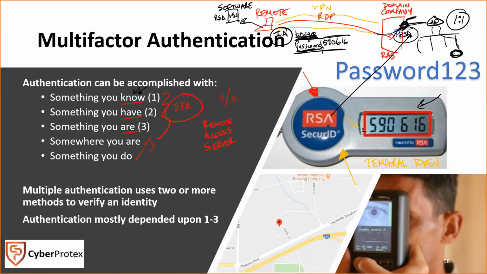The RSA Secure ID server actually generates these tokens, and every 60 seconds they'll get a pulse and they'll change. And these two are synchronized. This little Secure ID you have over here with the little numbers on it is synchronized with the server.